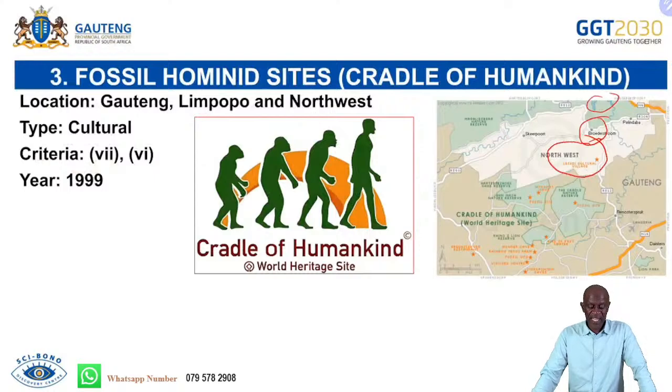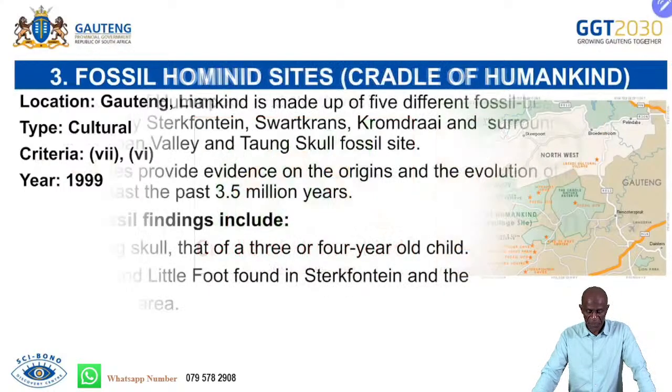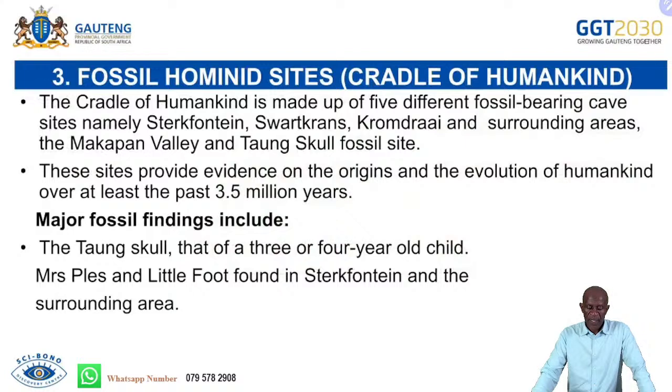So let's try and unpack this World Heritage Site. The fossil hominid site is made up of 5 different fossil-bearing cave sites, namely the Sterkfontein, the Swartkrans, the Kromdraai, and surrounding areas.